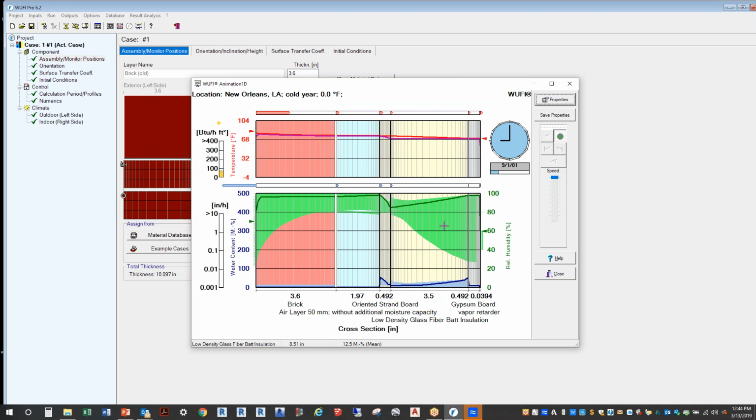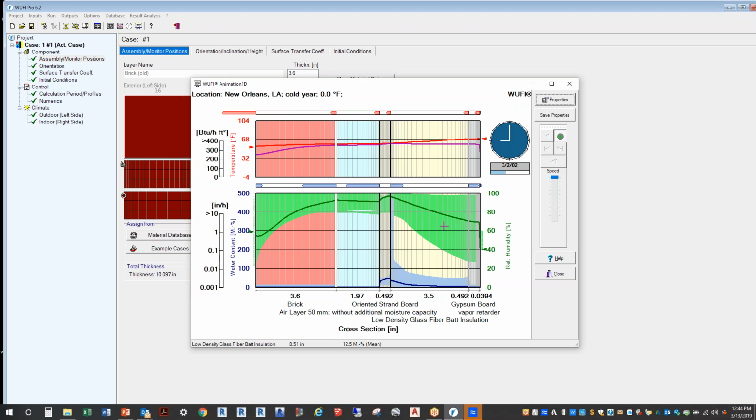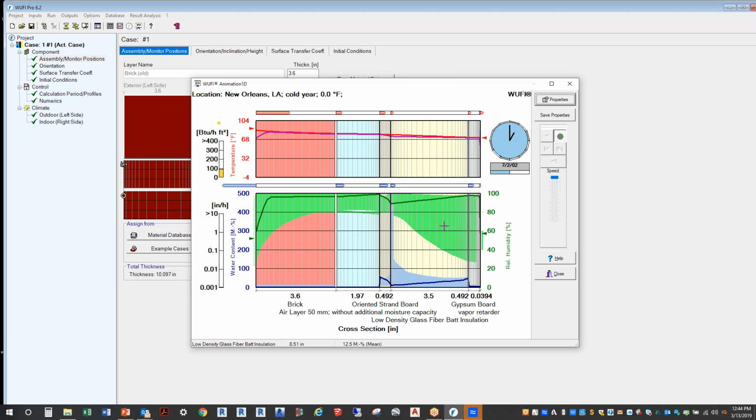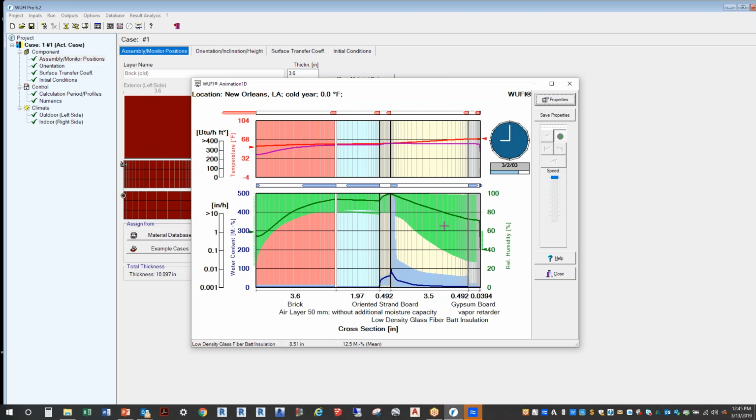Should be having mold growing. Mine is really high. Oh, that does look bad. Yeah, this probably is not going to have good results.